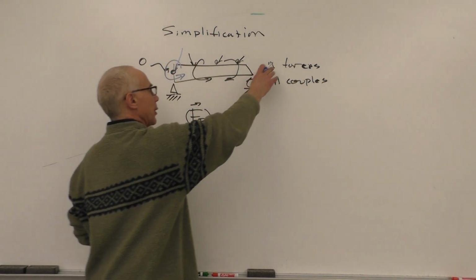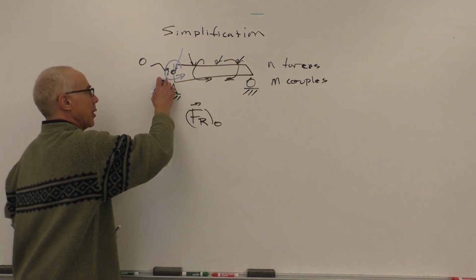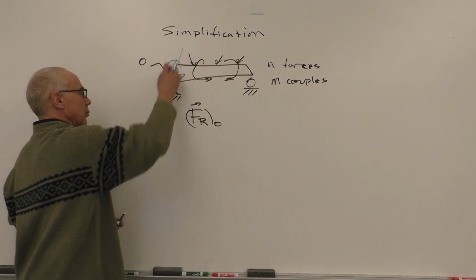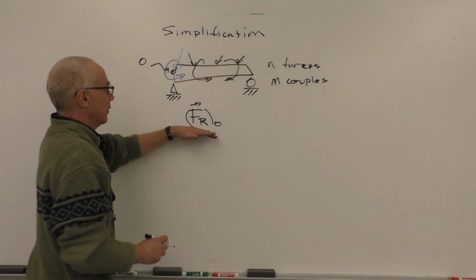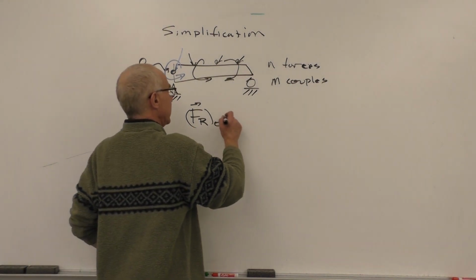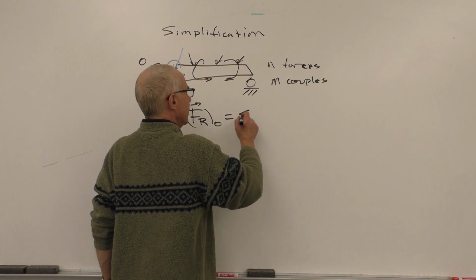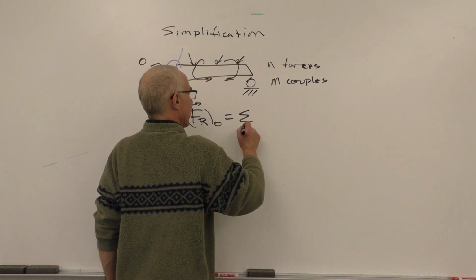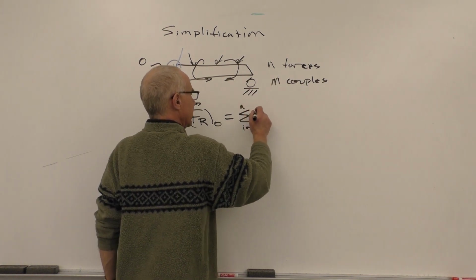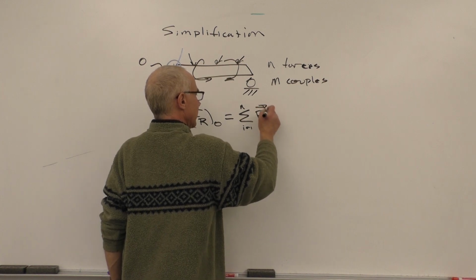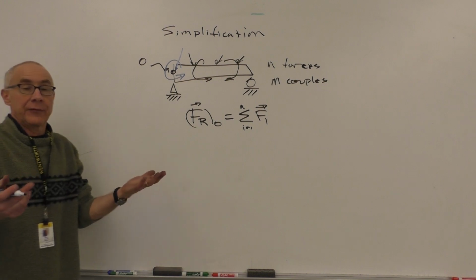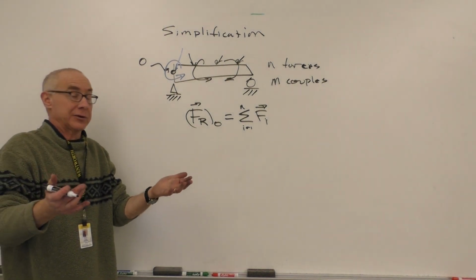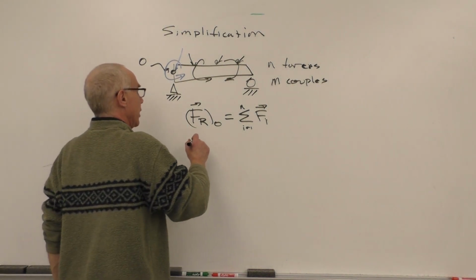So we have N forces, M couples, reducing down to one moment and one force. So here's our force vector, and that's going to be equal to the sum over our N forces, i equals 1 to N of F_i vector. So we're just going to add up all the forces. That's our resultant force vector. Easy. We've done that all along.